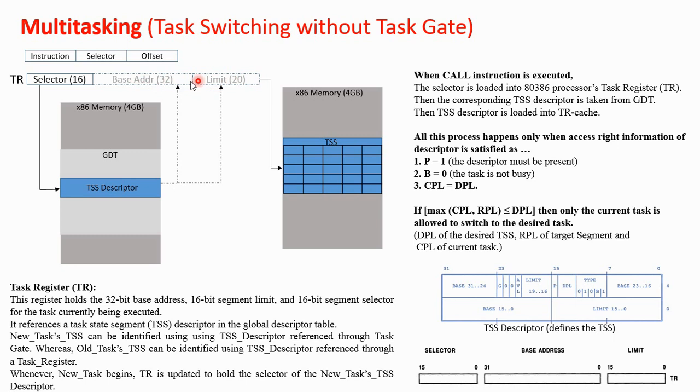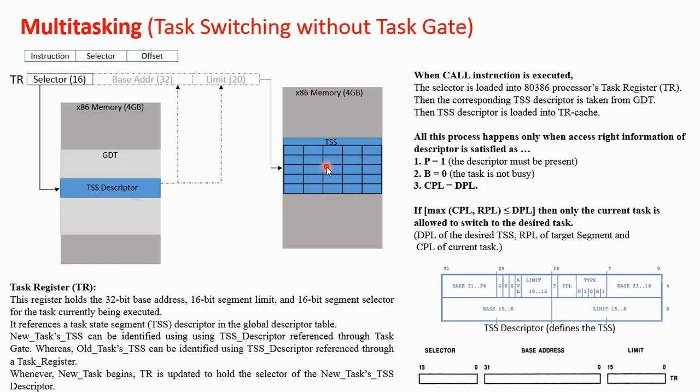From this field the TSS segment's base address is located, and the limit is 20 bits. How long the TSS is, is defined by this limit field. So with the help of base and limit, the TSS inside the memory will get located.